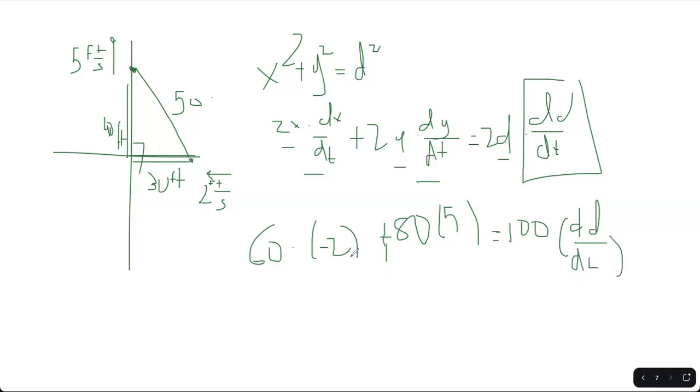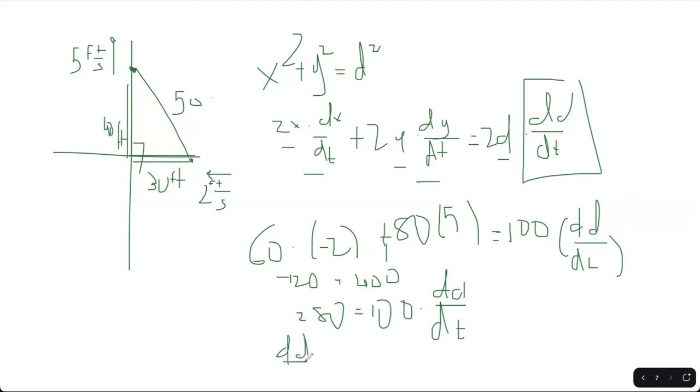Now, simplifying, 60 times -2 gives us -120, plus 80 times 5 is 400. So 400 minus 120 gives us 280, equal to 100 dd dt, which means that dd dt is equal to 280 divided by 100, which is 2.8. And since that's a positive number, it means the distance between them is increasing.